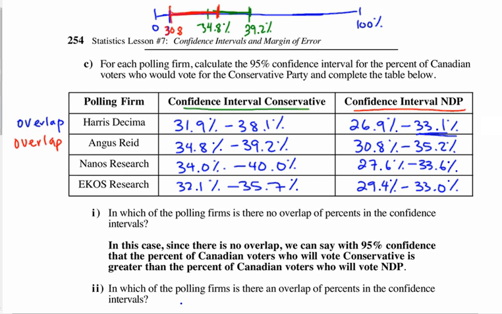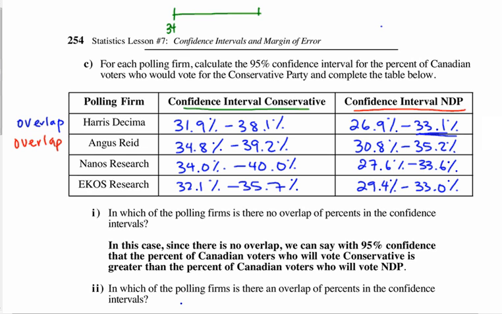Okay, let's try again for the next one. Is there any overlap? There's a chance again with the second survey that NDP could come out on top of conservative, because their highest value of 35.7 is larger than 34.8. Okay, let's try the next one. So our range for Nanos is 34 to 40%.